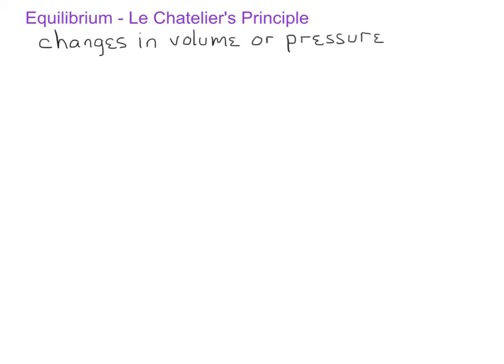The second change or disturbance we'll look at is the effect of when we change a volume or pressure. And again, this will mainly take place when we have a reactant or product in the gas phase. Now, you should remember from your General Chemistry 1 class that an increase in volume will lead to a decrease in pressure.